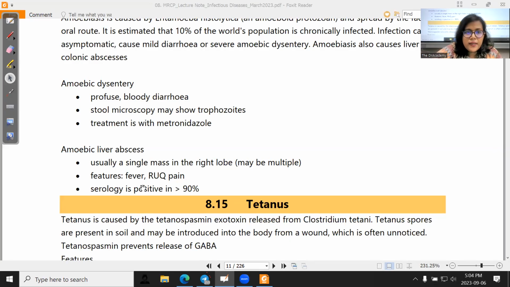Sometimes it can also present like that. You should be very gentle while palpating for tender hepatomegaly, because if it's congestive cardiac failure, that's fine. It will not cause any further complication. But if this is amoebic liver abscess, the abscess may rupture and the infection will be seeding out into the peritoneum.